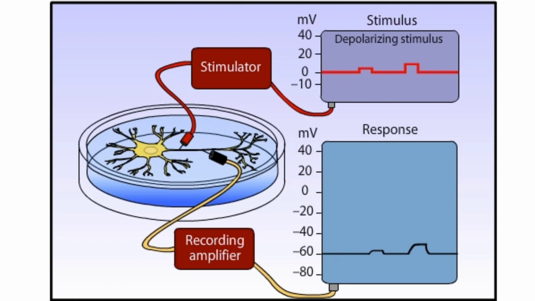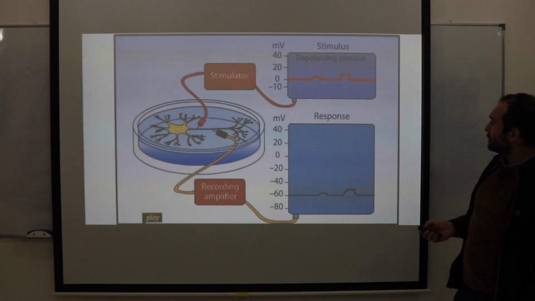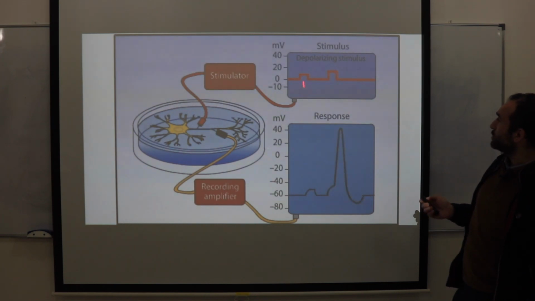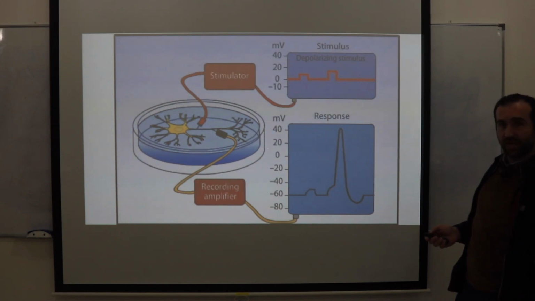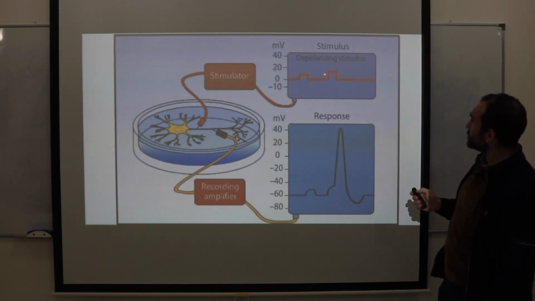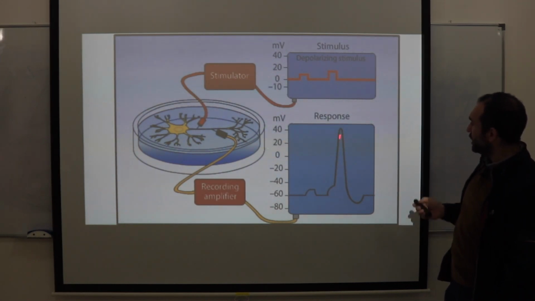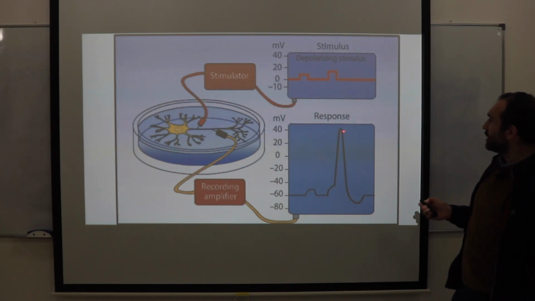No action potentials were recorded. And when another higher stimulation is done, you can observe this stimulation is higher and it can't give me an action potential. But when it becomes much higher, it leads to an action potential that arrives at plus 40 millivolts.